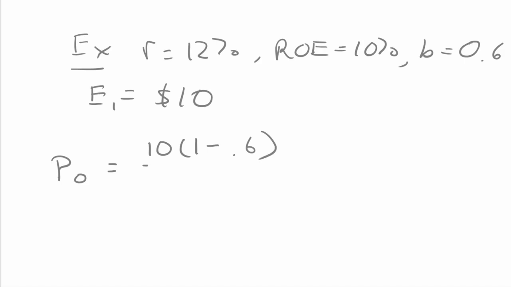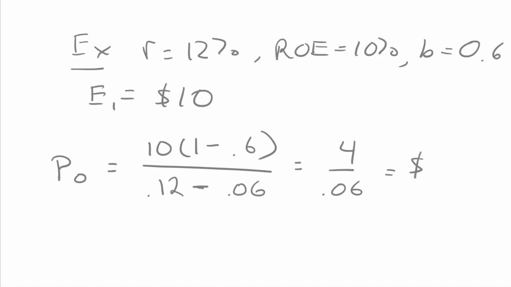That's my expected dividend next year. In the denominator is R minus G, which is B times ROE, or 0.06. This is $4 over 0.06, or approximately $66.67 per share.